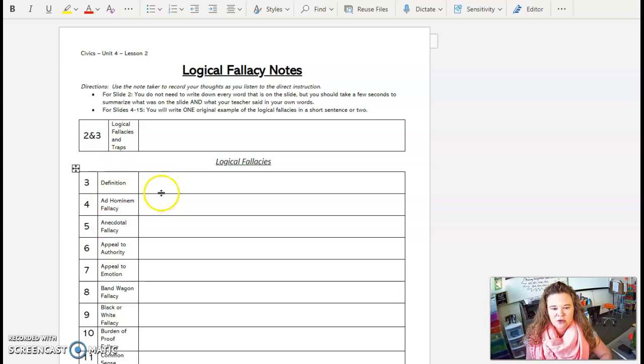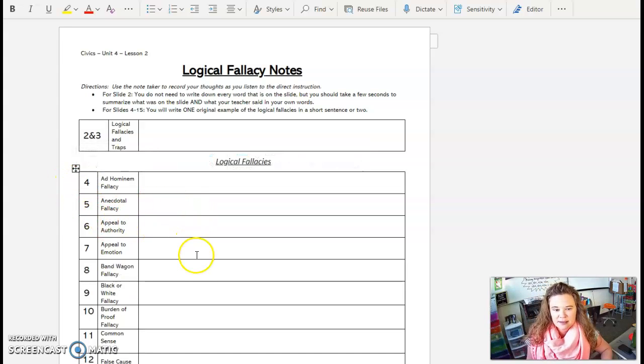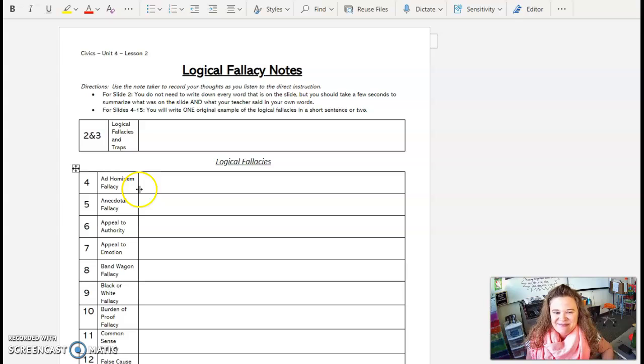And then the rest of these will be looking at logical fallacies. That's going to go up there. All right. Whoops. So we're going to look at different types of logical fallacies on slides 4 through 15. And you're going to write one example of a logical fallacy in a short sentence or 2.